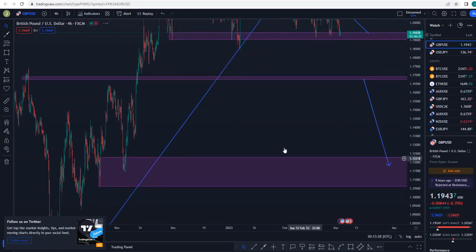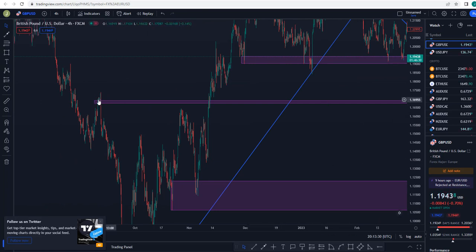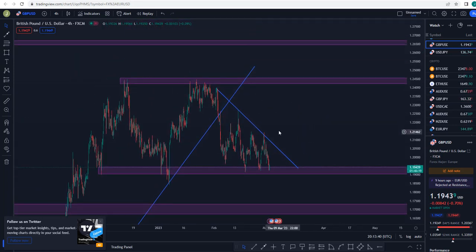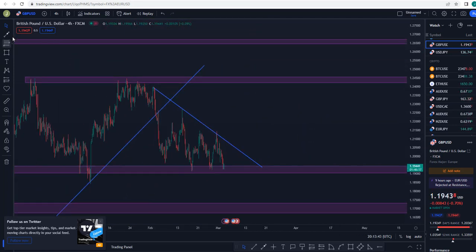Now there is a range here. You can see this is it here. So there's a range here. Price may come off, touch here, and then it will continue falling, and it will break here. You can see this place.